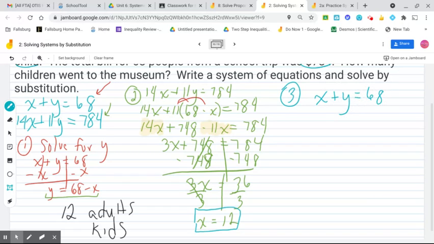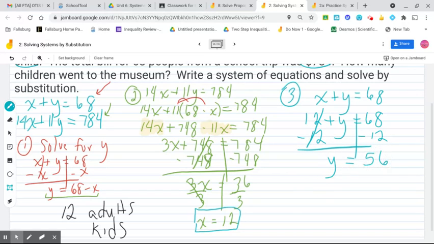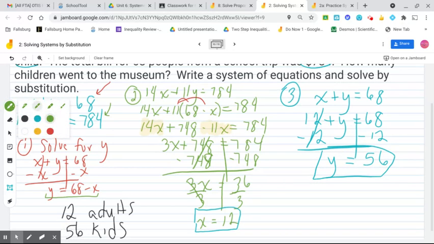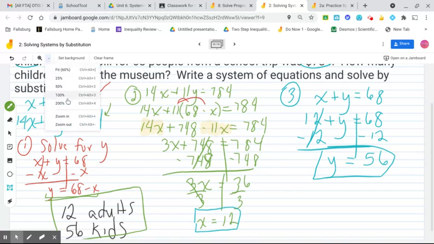So for x, I'm going to replace with 12. This way I can solve for y now. So I'm just going to subtract 12 from each side. And I'm left with y equals 56. So that means there were 56 kids. So on this trip, we had 12 adults and 56 kids.